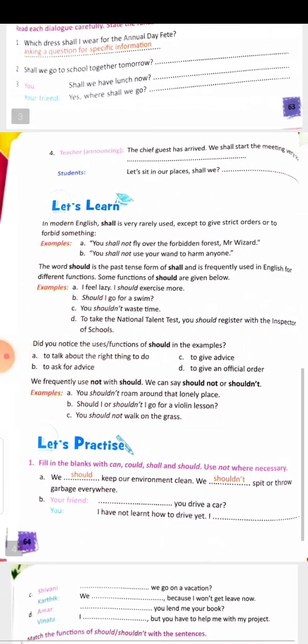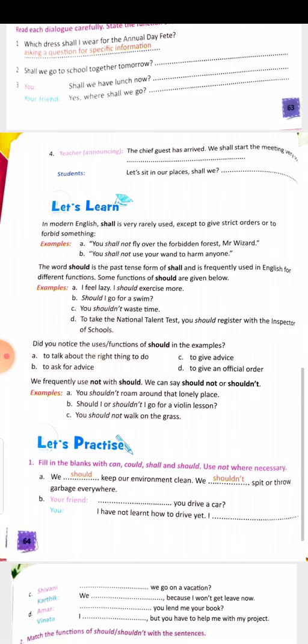In modern English, shall is very rarely used except to give strict orders or to forbid something. So, shall is a modal, but it is rarely used, meaning very less. It is used to give strict orders or to forbid something.